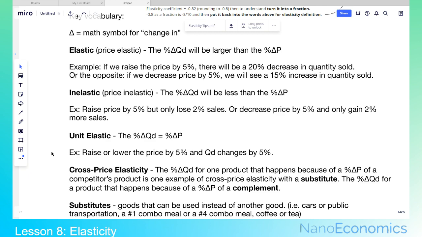In the example that I've got here, if we raise the price by 5%, there might be a decrease of 20% in the quantity sold.